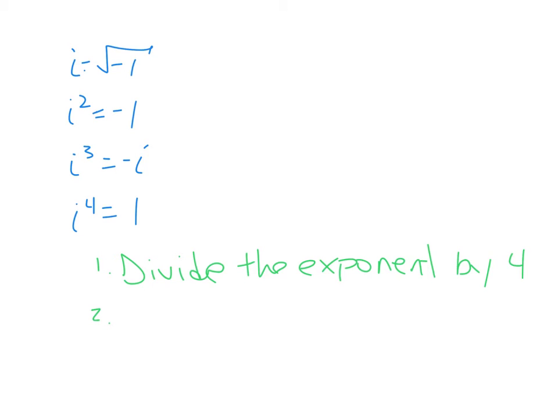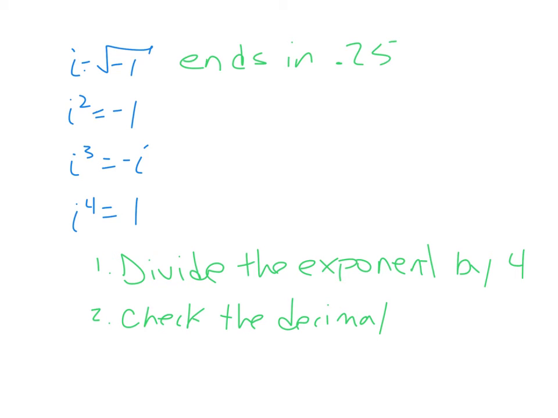And then what? What are you checking? Are you checking how many times it goes into it? Okay, so you check the decimal. If it ends in 0.25, then the answer is i.